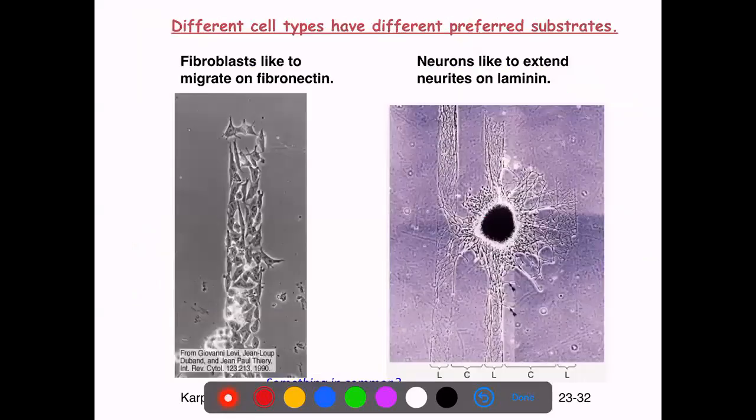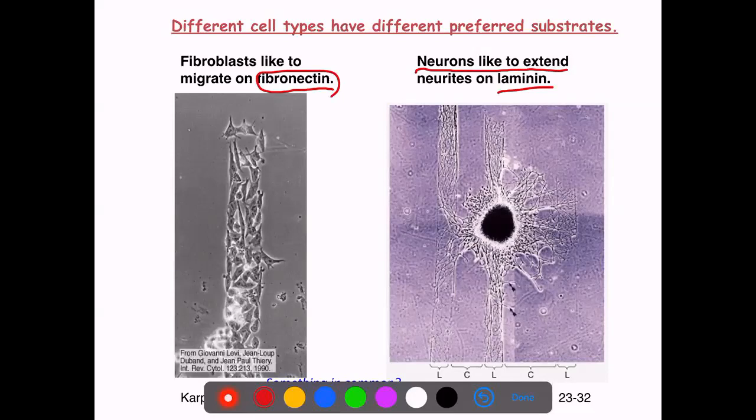So we need to go back to those properties that fibroblasts like to adhere to fibronectin, as we learned, and then neurons like to adhere to laminin.